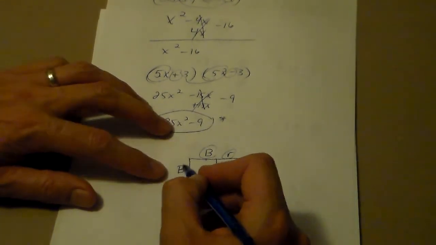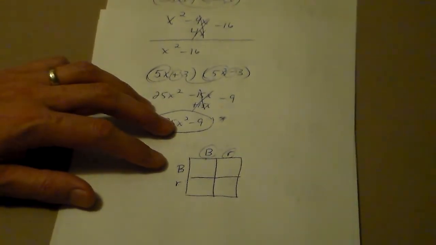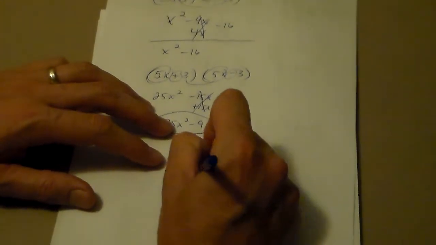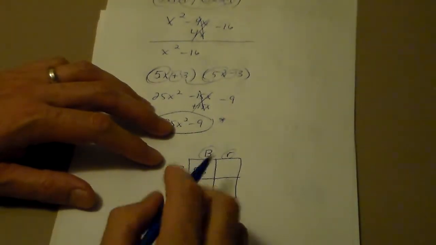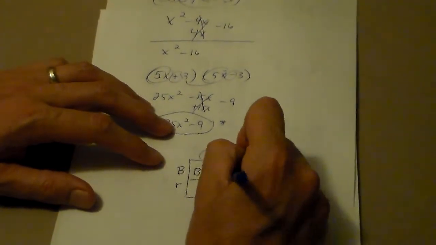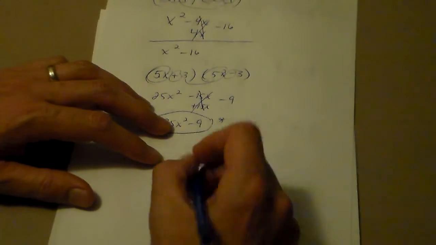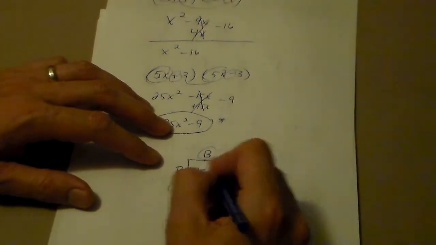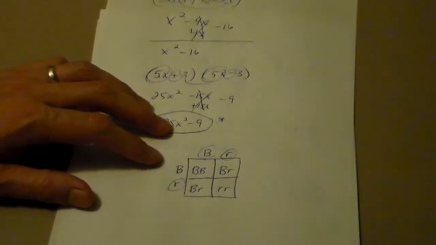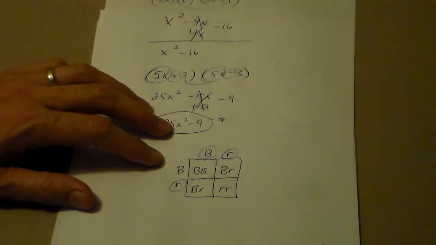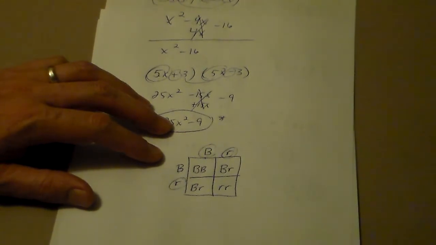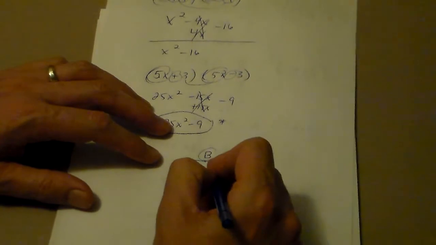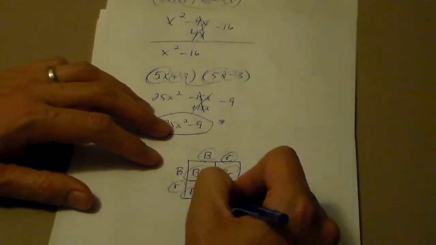So let's look. Capital B times capital B is BB. B times r is capital B small r. Again, capital B small r. And then r times r is little r, little r. If you know anything about genetics, which I don't know a whole lot about, if there's a capital B, it overrides. So this would be black, this would be black, this would be black, and this would be red.